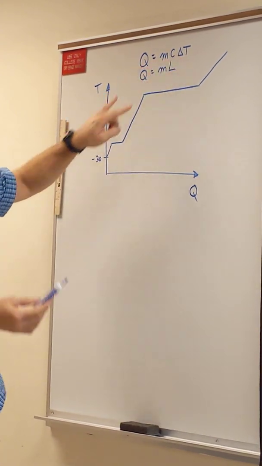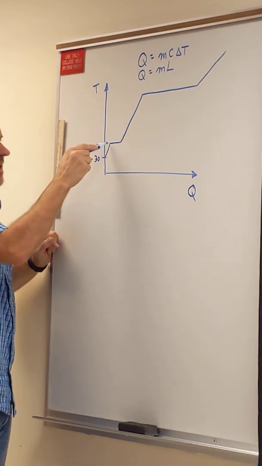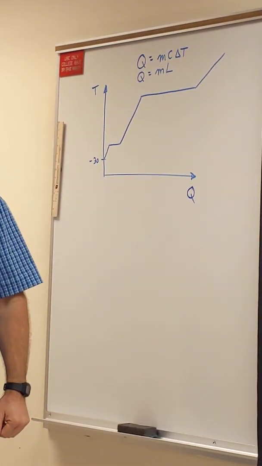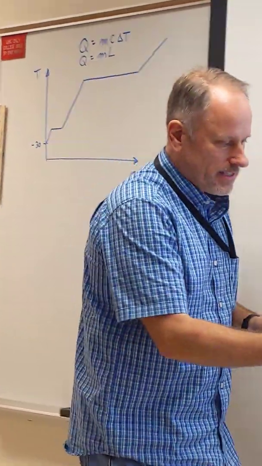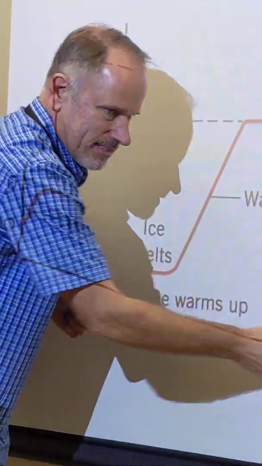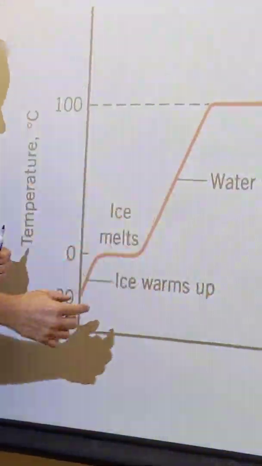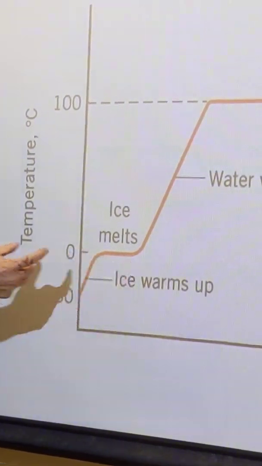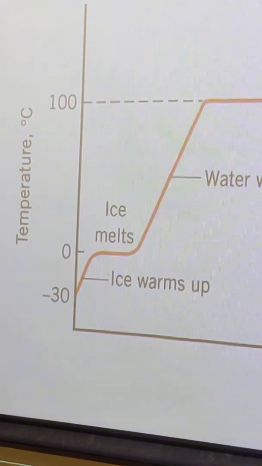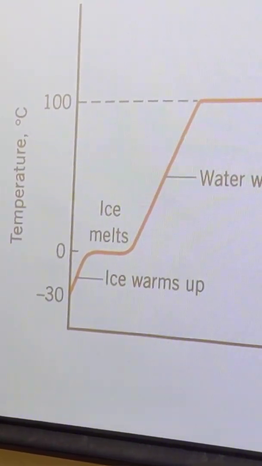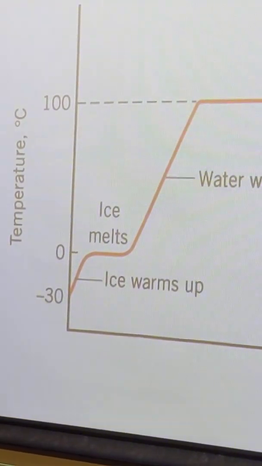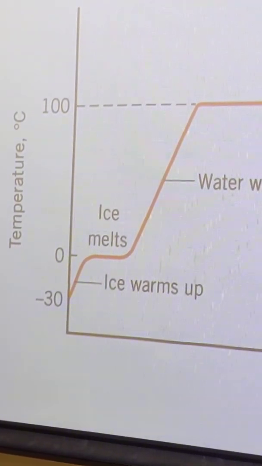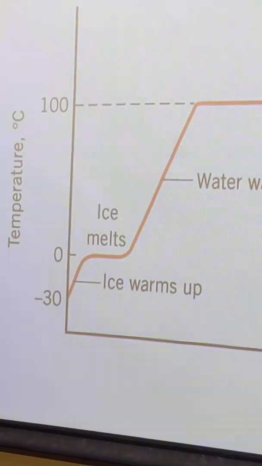Okay? Then, oddly, we have this flat spot. Well, I haven't stopped adding energy, Q, to the system. On this flat spot, I'm still adding Q, but what's happening to the temperature? Nothing. The temperature's staying constant. What's going on? Any ideas? The ice is melting because it reached 0 degrees.